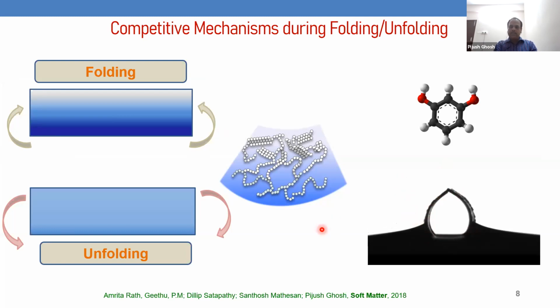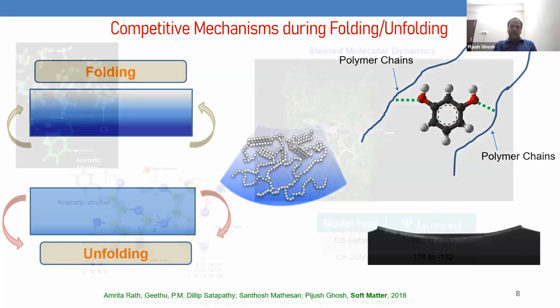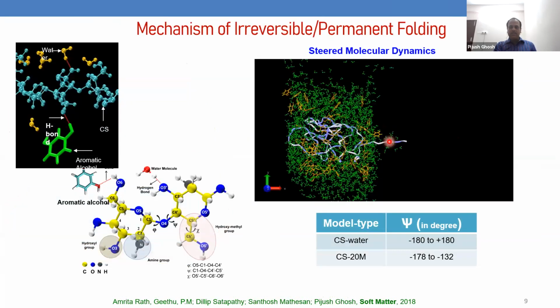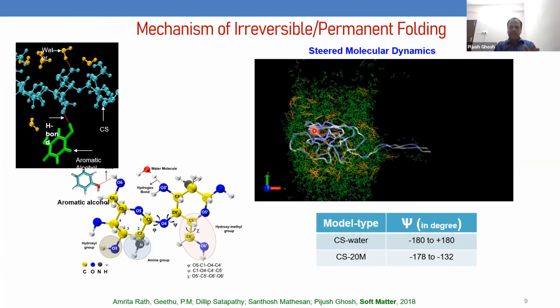And what we are saying is that this could be because the resorcinol, this organic alcohol, is sitting between the two polymer chains and not allowing the polymer chain to relax as it would have in the absence of it. To probe further, we have done a simple SMD, steered molecular dynamics, study to understand what exactly is going on.